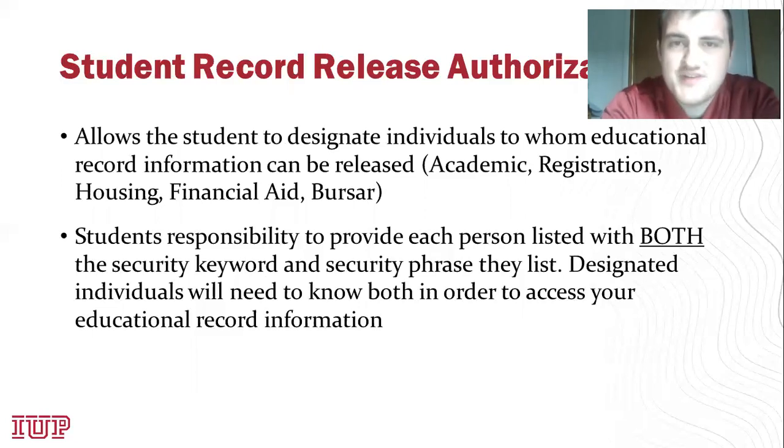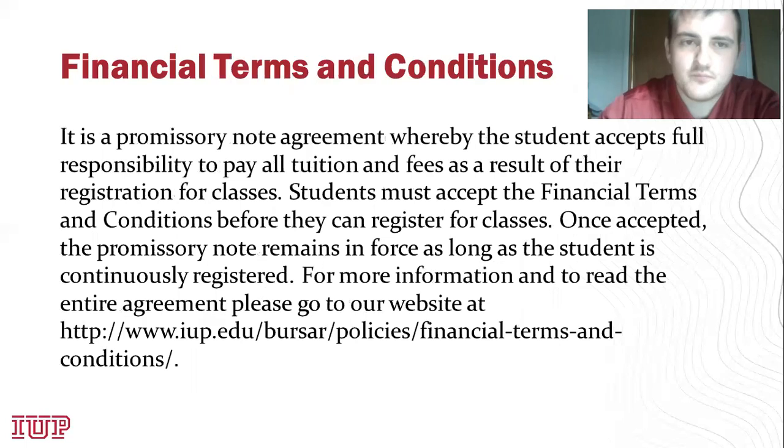Any academic, registration, housing, financial aid, or Bursar record is locked and cannot be divulged until we have a security keyword and phrase. It's the student's responsibility to create a security keyword and phrase on their My IUP. And then when anyone calls, they have to have that individual's name and also a keyword and phrase before we can release any information to that individual.